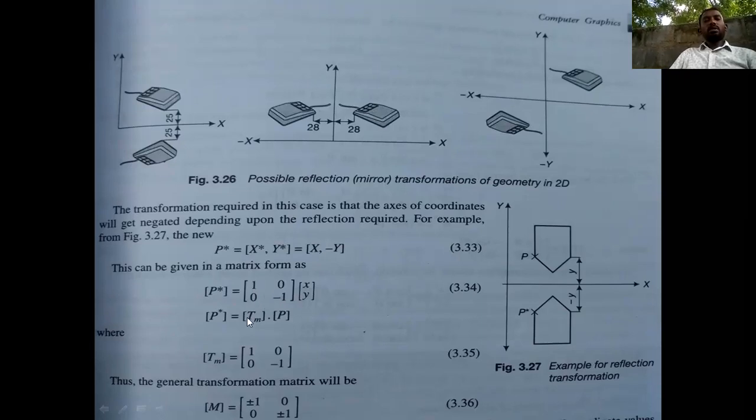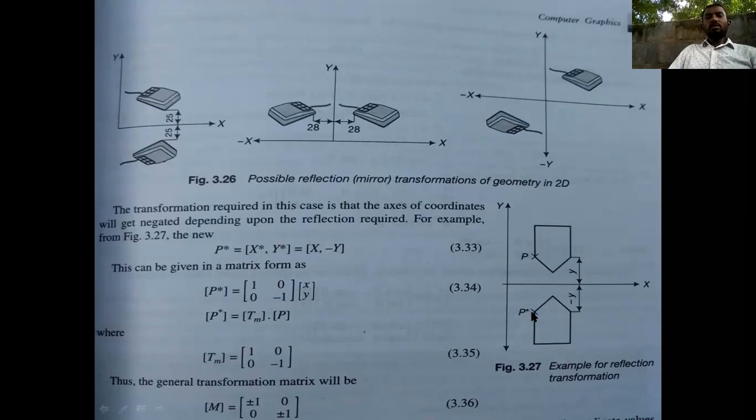So it is a transformation matrix, so we are writing TM, transformation matrix. P dash equals this total transformation matrix only, x dash y dash only.